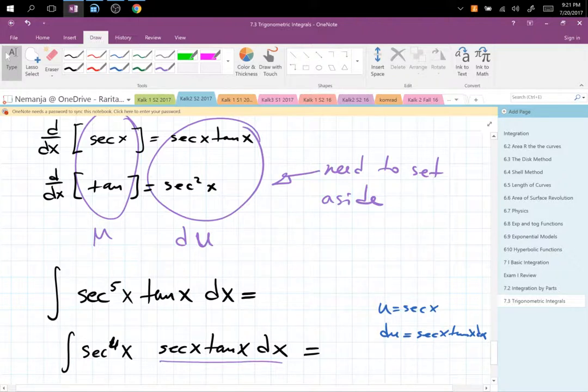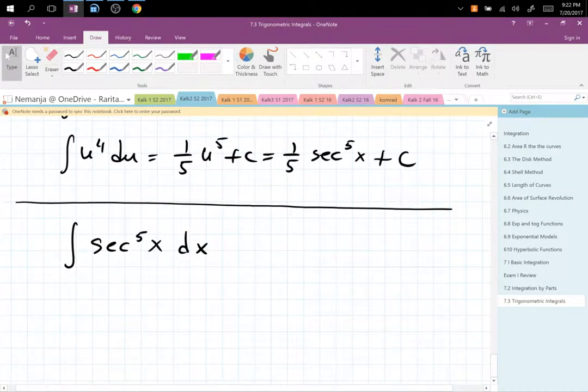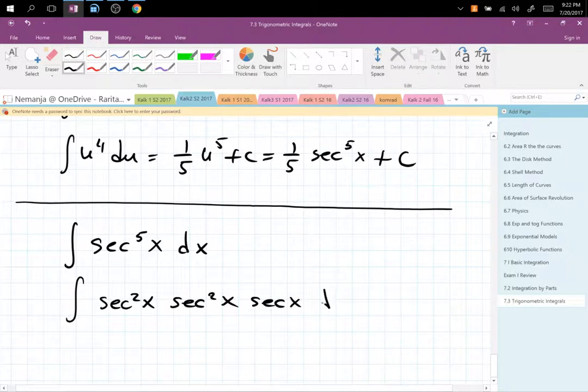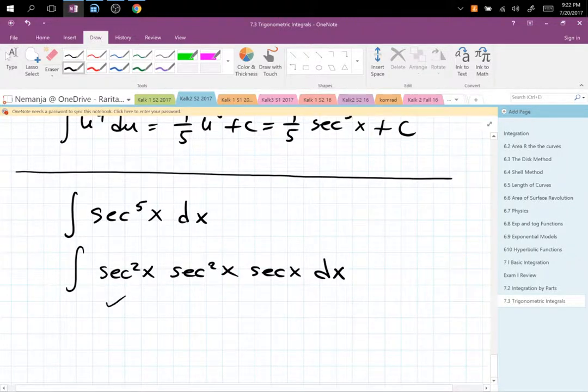Yes. So we peel off one secant. So we have secant squared x, and the secant x dx. Each one of these gets transferred into a tangent, and then when we multiply this one through, we'll have a secant tangent to work with.